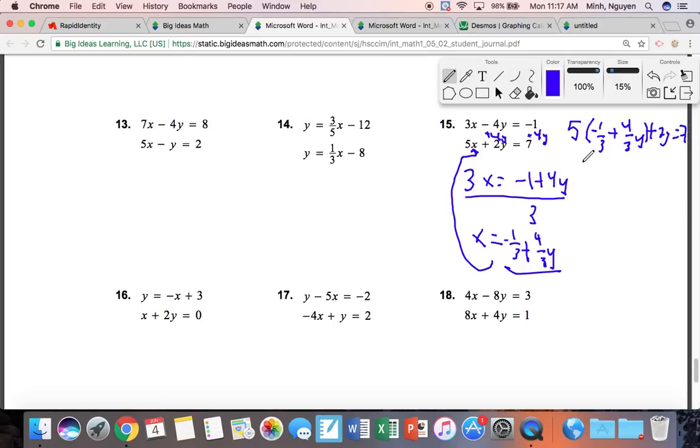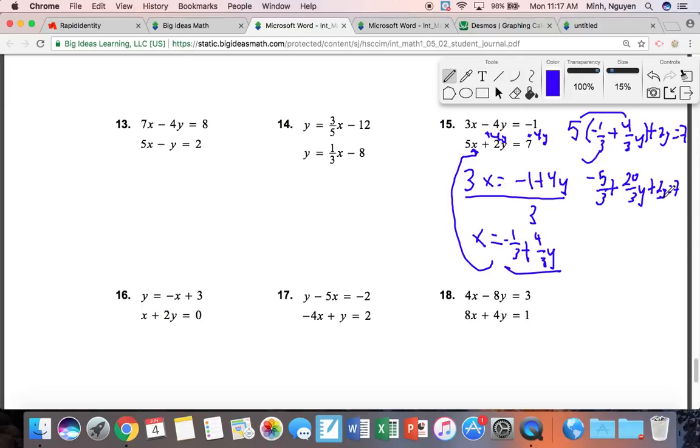This is going to be hairy. Negative 5/3 plus 5 times 4 is 20, 20/3 y plus 2y equals 7. Oh boy.